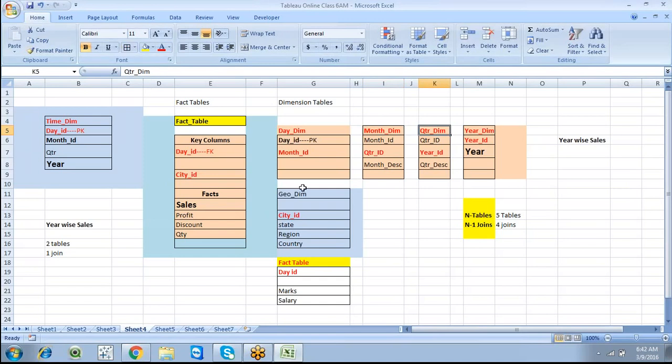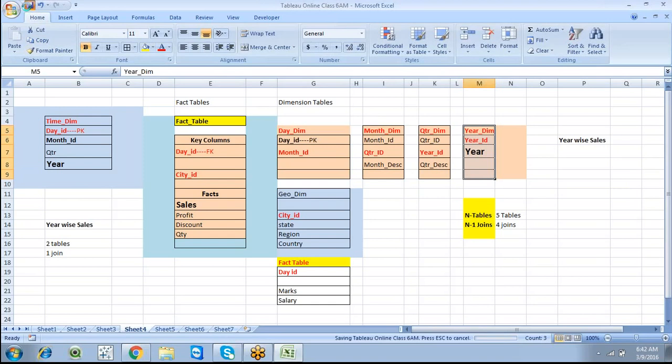Now you can see the month table. We have a day id, a day table, and a fact table. In between the month table and the fact table we have a day table, so it is not a direct relationship. So month is also called a shrunken dimension, quarter table is also a shrunken dimension table, and year is also a shrunken dimension table.